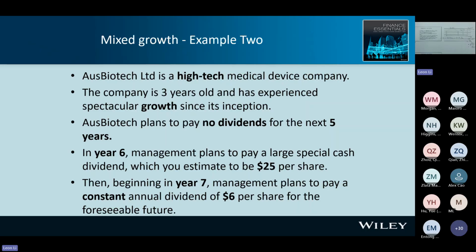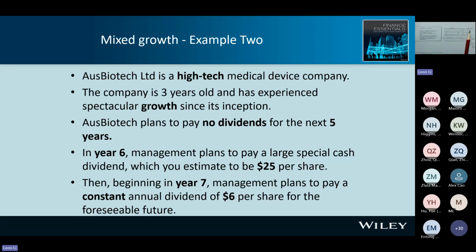I know you might think it did not mention year 0, but here I assume no dividend from now for the next 5 years. So 0 from year 0 to year 5, right? No dividend. And year 6, yes, thank you for the question.